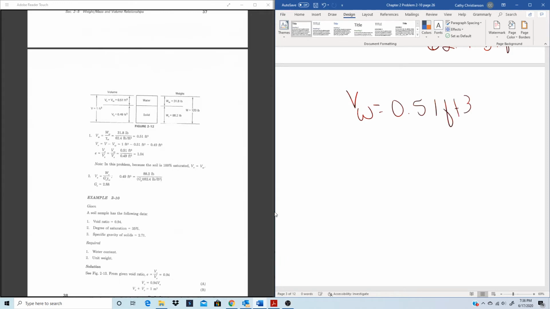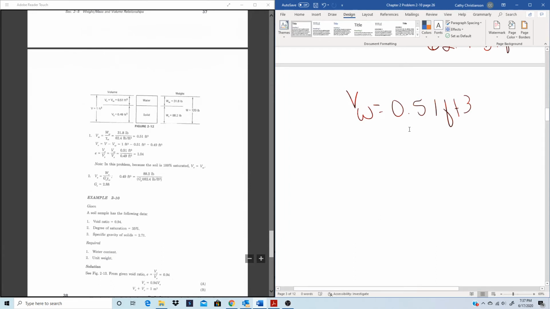Okay, so here's what happened. If it's completely 100% saturated, that means no air. So the volume of the water and the volume of the voids are the exact same number. They're equal, because there's not any air.